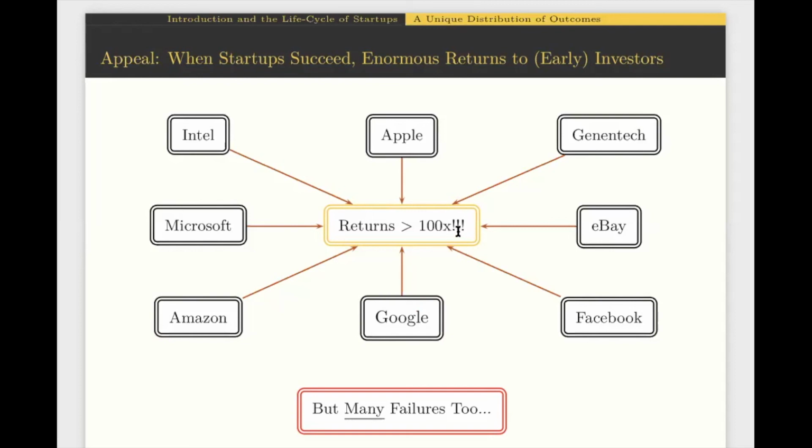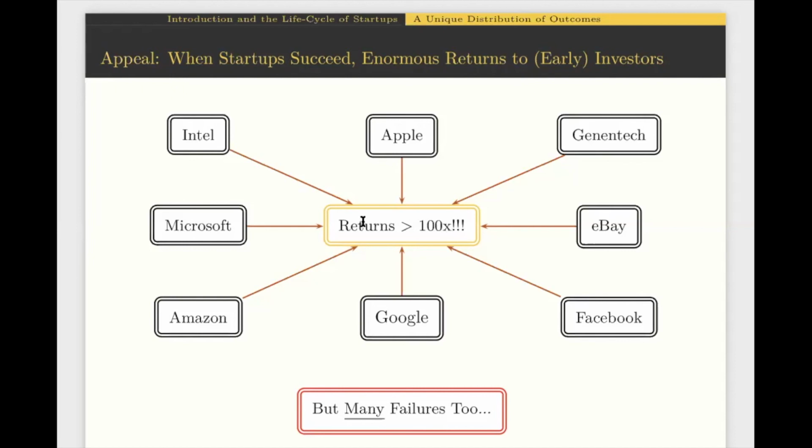So it's not uncommon to see well over a 100 times return for successful early stage investments when these companies end up having, for instance, an IPO, an initial public offering type exit.